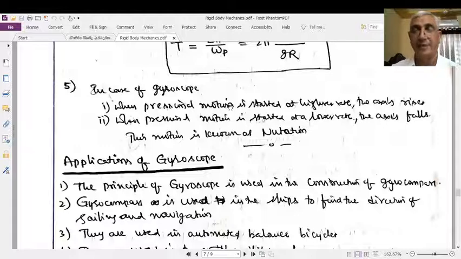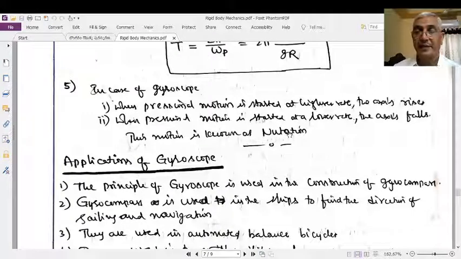Second, the axis of the spinning disc rotates, which is known as the precessional motion because of gravity. Third, these two produce motion in which the axis rises and falls, which is nothing but an oscillatory motion. That kind of motion is nutation.